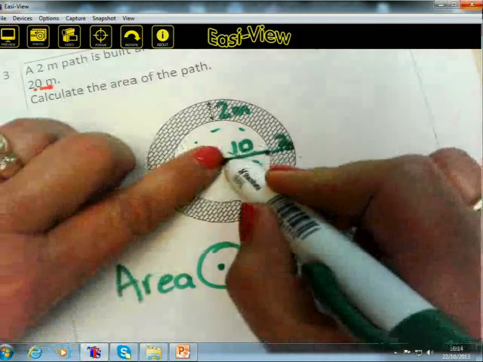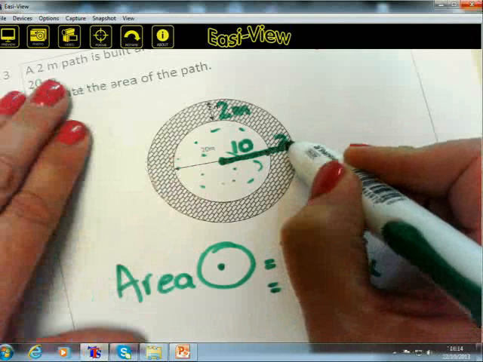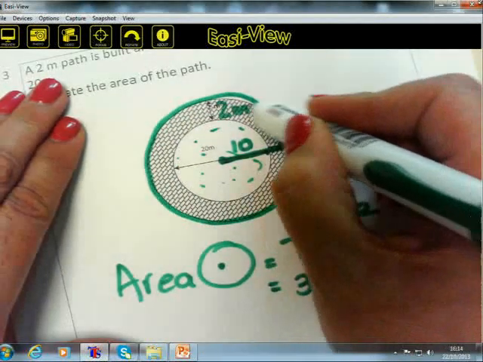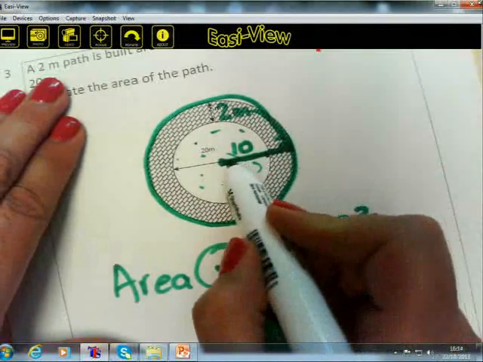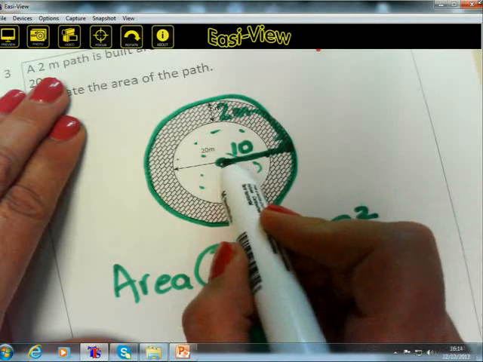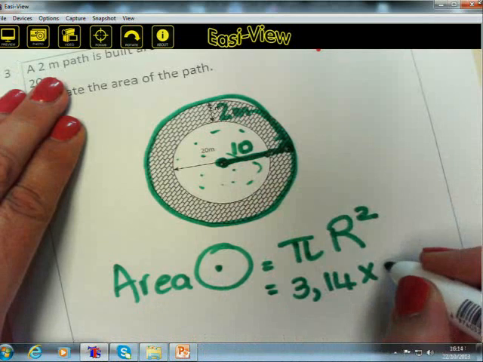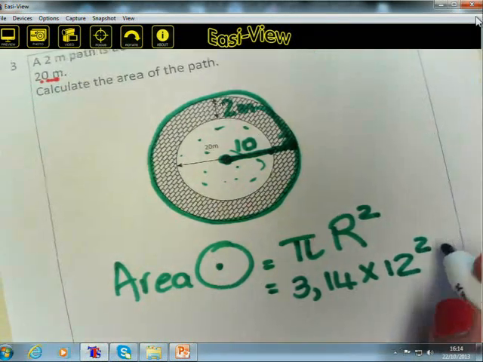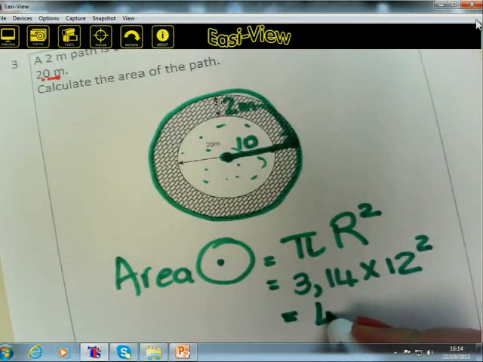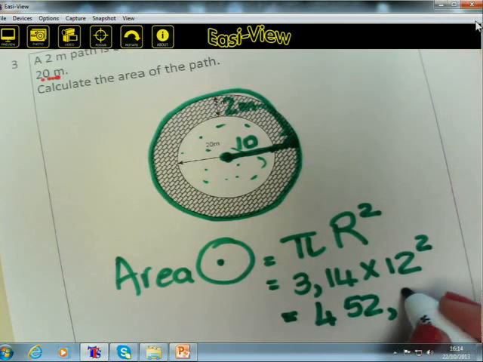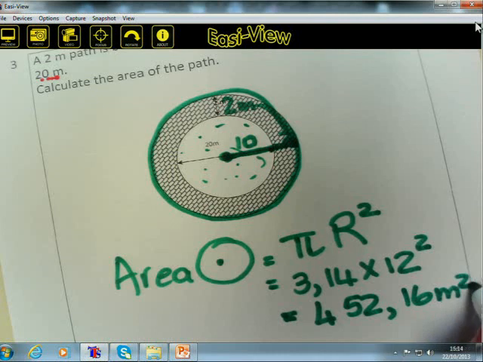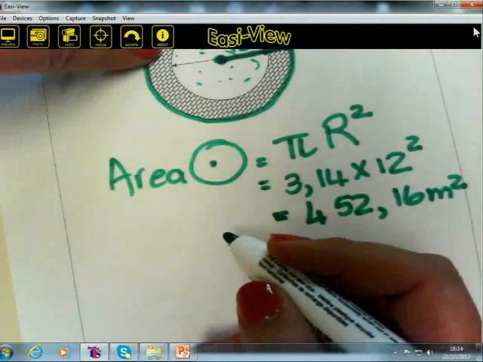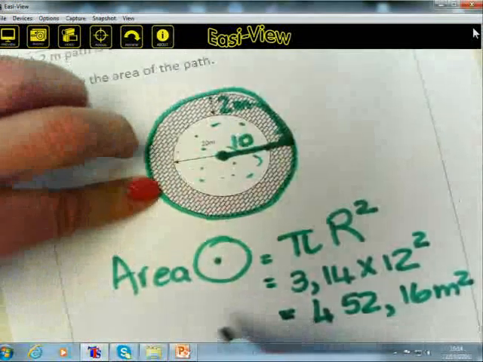It's this whole length from there throughout, because we are looking at the big circle now. So the radius of the big circle will be 10 plus 2, which is 12 square. Or then 12 times 12. And the answer there is 452,16 meters square.